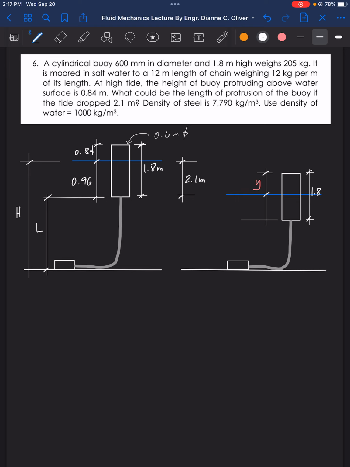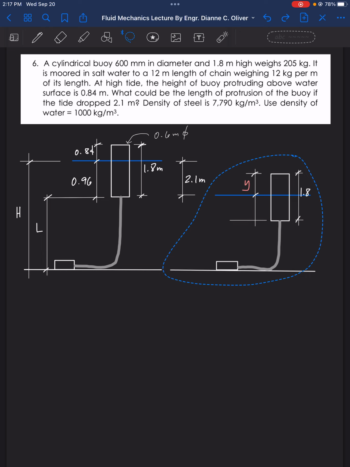And then when the tide dropped, this height of the water becomes, let's assign it as h prime.